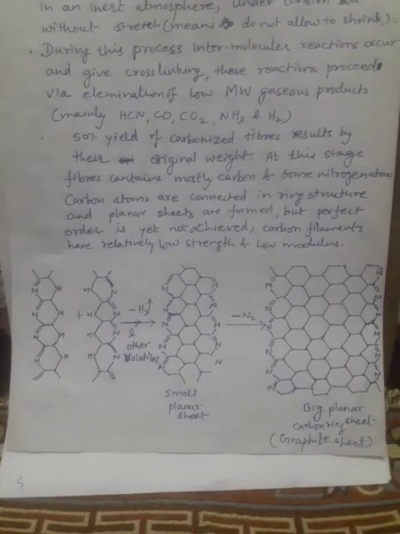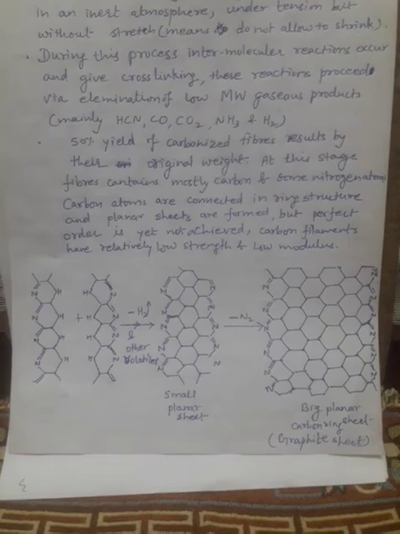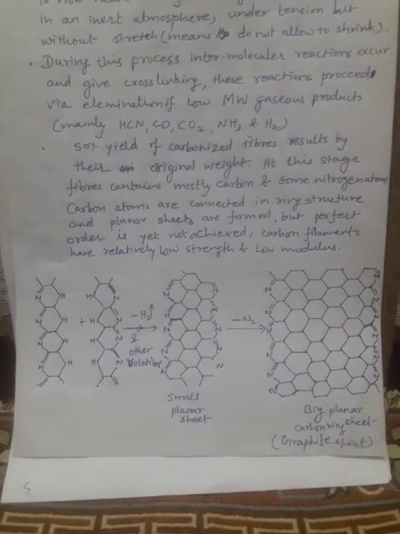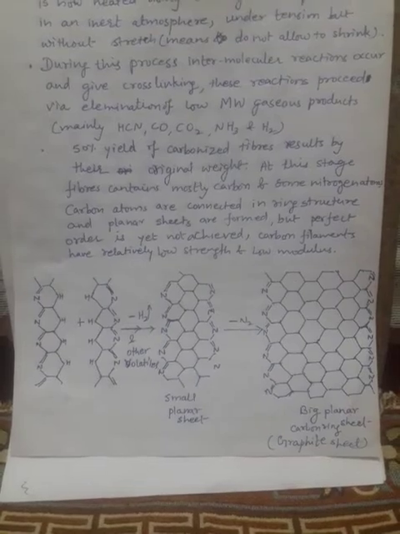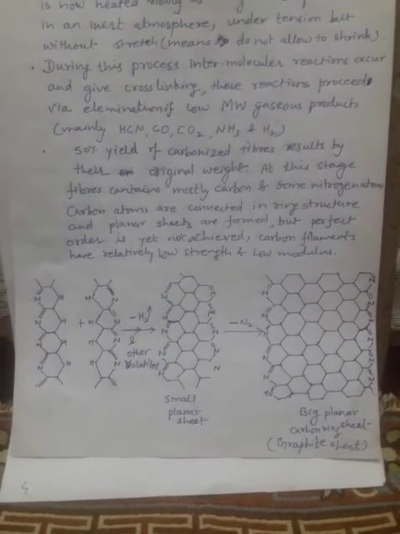At this stage the fiber contains mostly carbon and some nitrogen atoms. Carbon atoms are connected in ring structures and planar sheets are formed, but perfect order is not yet achieved. The ordered structure required to produce a high modulus fiber is not achieved at this second stage of carbonization. Carbon filaments have relatively low strength and low modulus.